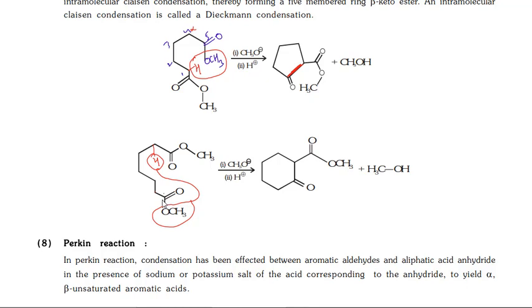A new bond is forming between 1 and 6. This C double bond O carbon is 1, this is the 6 carbon, and this is 7. So between 1 and 6 there is new bond formation. What we are doing is just removing one methyl alcohol: one methoxide and one hydrogen from the alpha position. That is all.